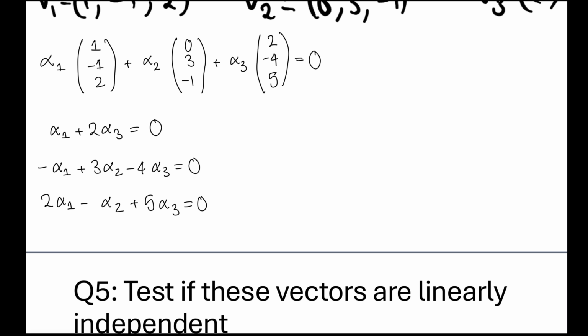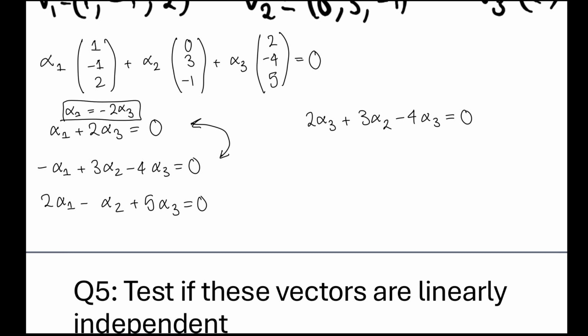So we have these 3 equations and we have 3 variables. So we need to solve this to see what our solution is. If I first go about solving these 2 equations, we get 2 alpha 3 plus 3 alpha 2 minus 4 alpha 3 is equal to 0. So that's just me doing alpha 1 is equal to minus 2 alpha 3 and then subbing this into here.